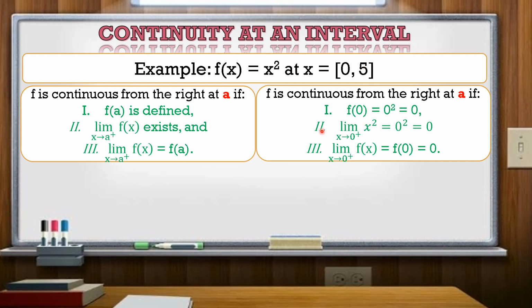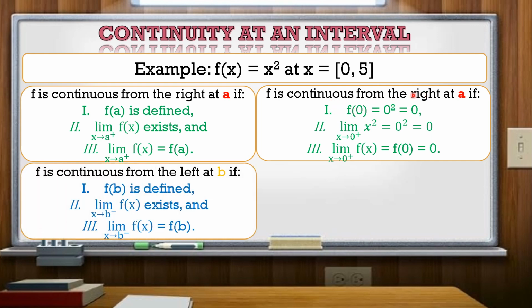Okay? Then second, aalamin natin yung limit ng x squared as x approaches 0 positive, since right at a tayo, is equal to, substitute, we have 0 squared and that is 0. Then compare natin, pareho ba yung nakuha nating step 1 and step 2? Yes, pareho. Then your f is continuous from the right at a.